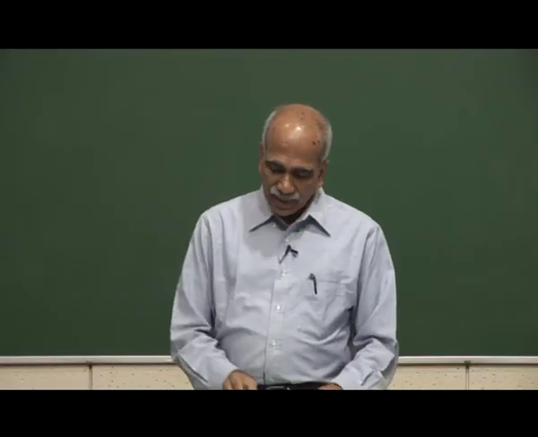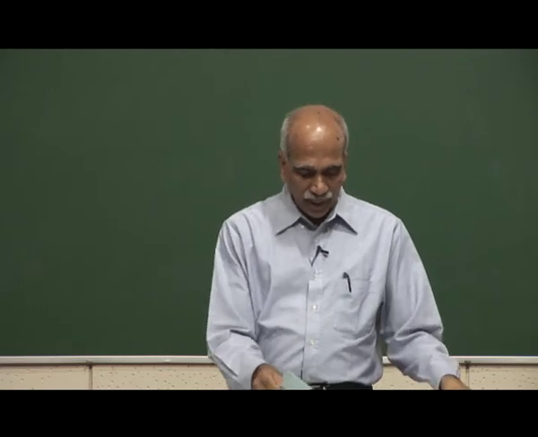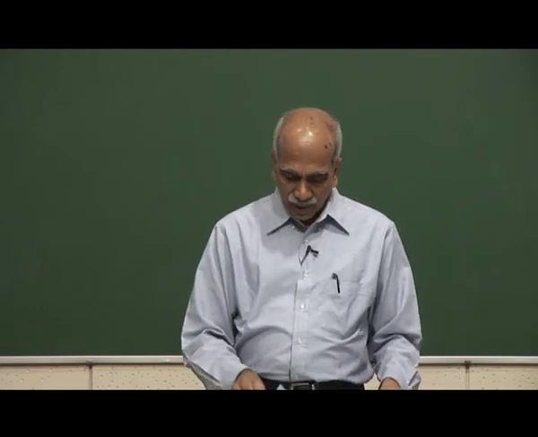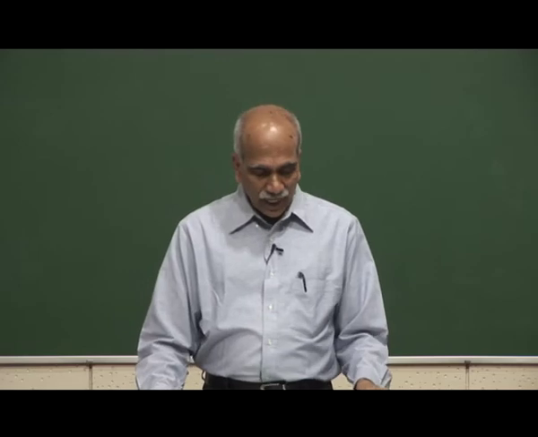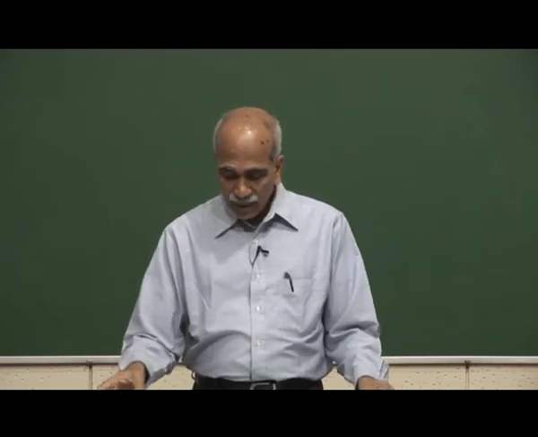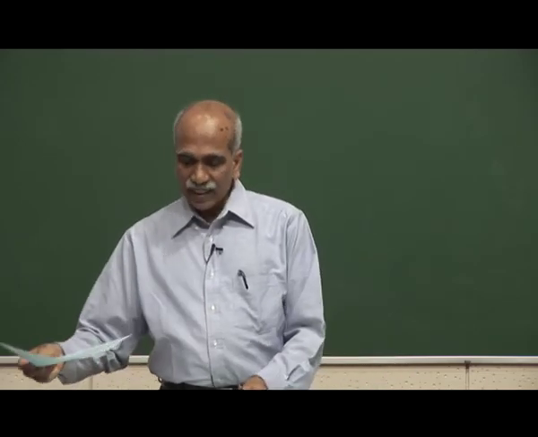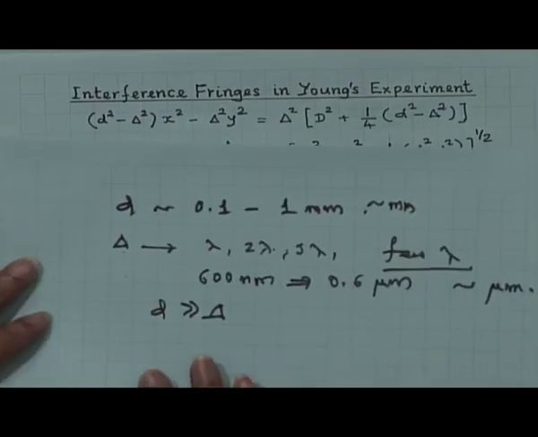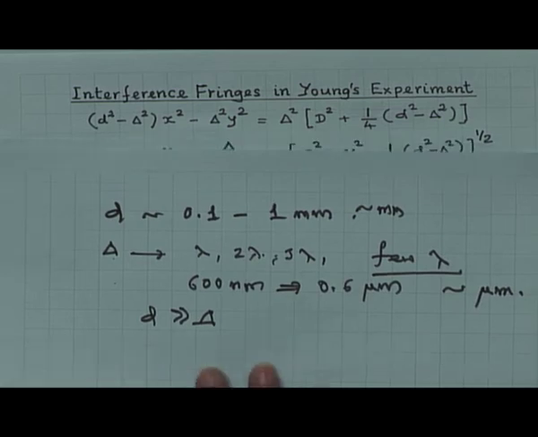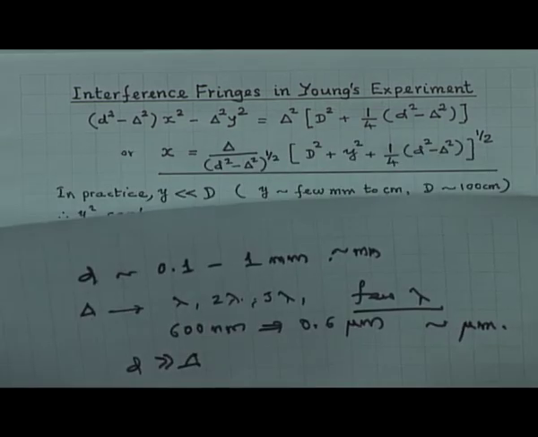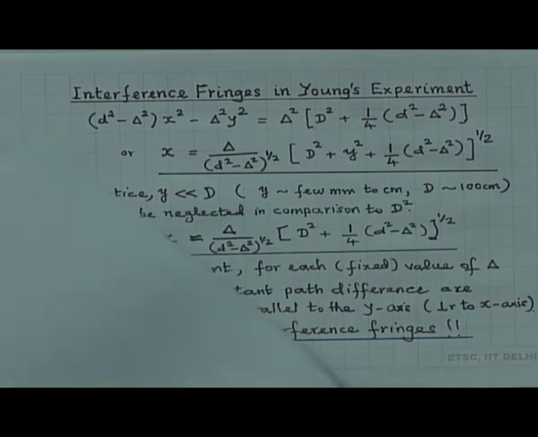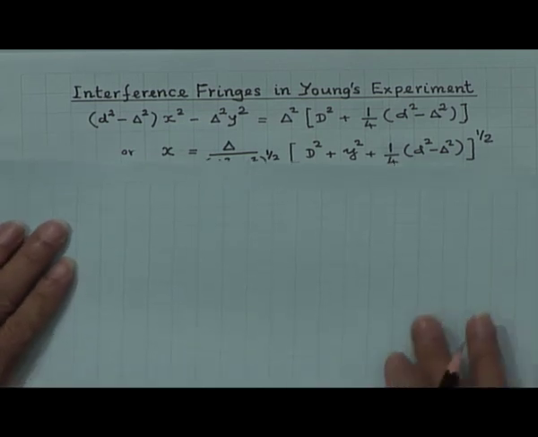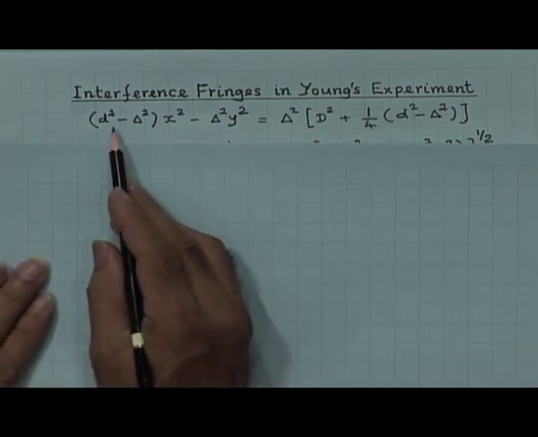So, we have discussed the formation of interference fringes, and now we come back to the interference fringes in the Young's experimental setup. This formula we have derived, we have just now shown this, that d square.